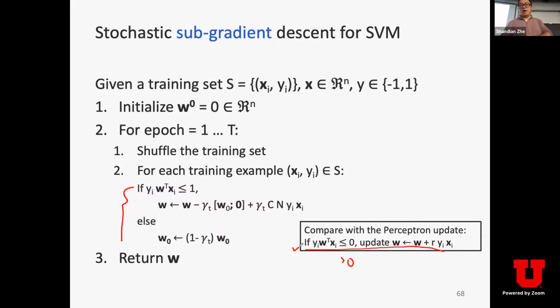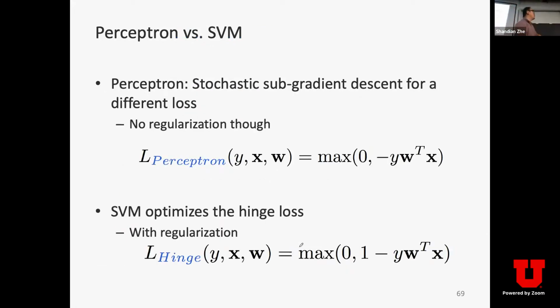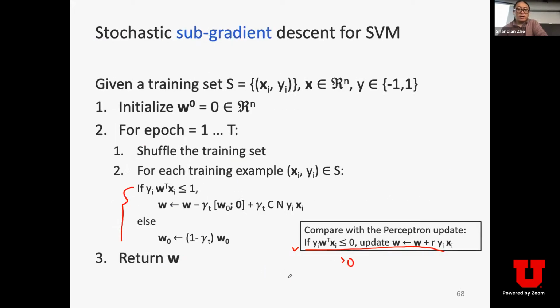In fact, it's not hard to construct such a loss or such an objective for the perceptron. If we construct an objective function for the perceptron as follows, that is, we take the maximum between 0 and minus function margin, then we perform stochastic subgradient descent to optimize this loss. We're going to exactly recover our perceptron update.